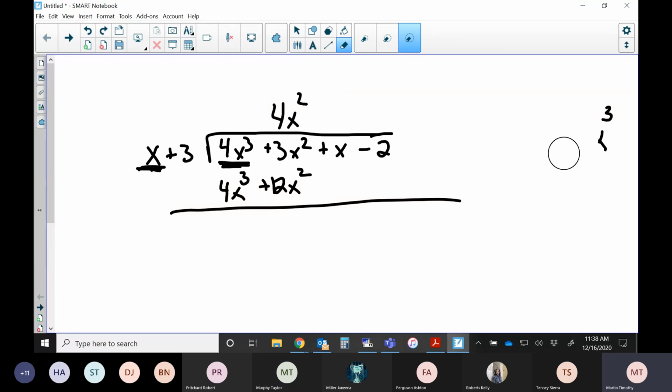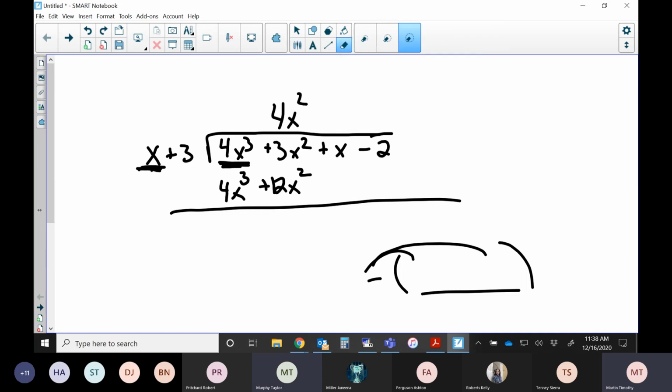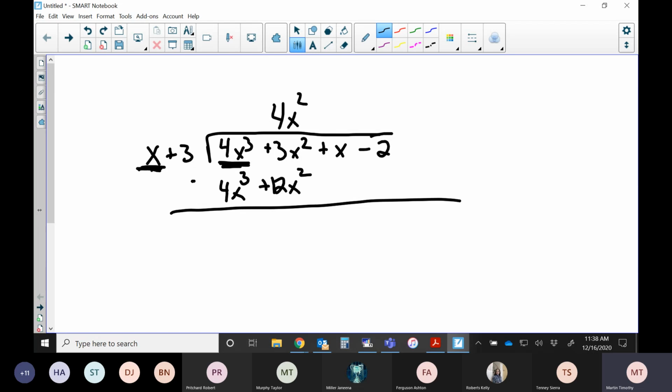Now, what I taught you guys is, instead of subtracting, like when Kelly asked me for that first one, and we have a whole bunch of stuff we're subtracting, we distribute the negative sign. I want you to distribute the negative to both of these. And so that's going to change this to a negative 4x cubed and this to a negative 12. And then combine these.